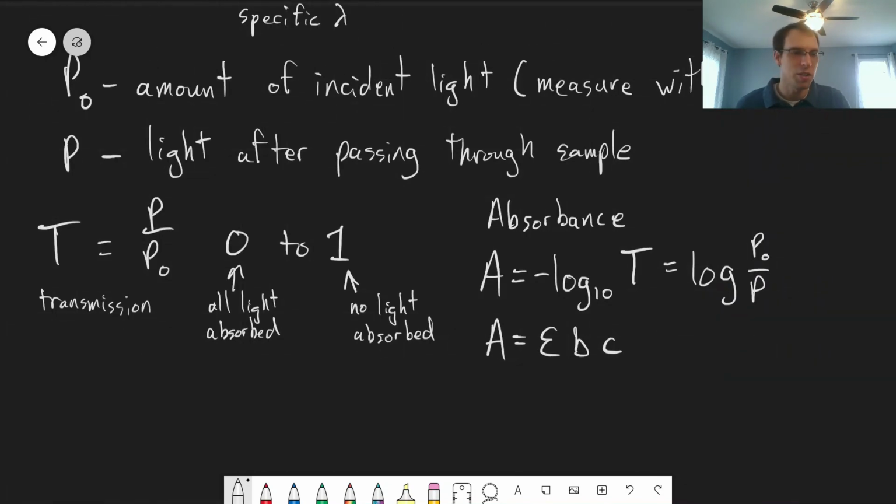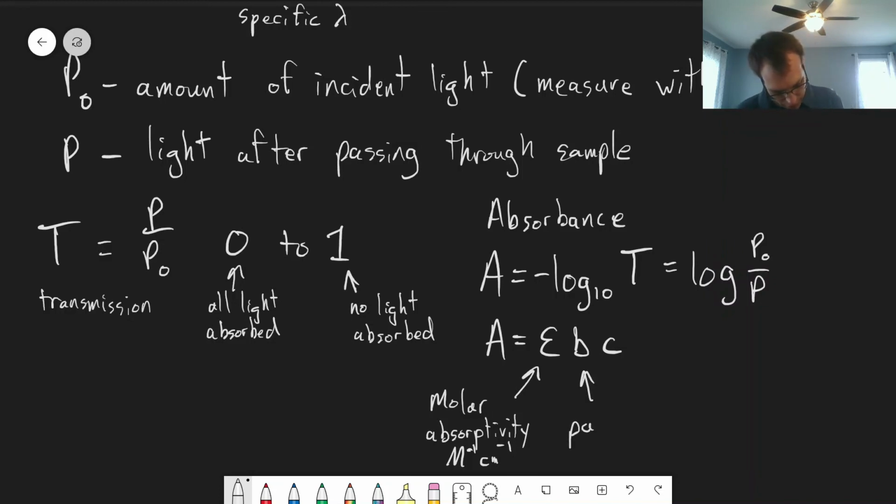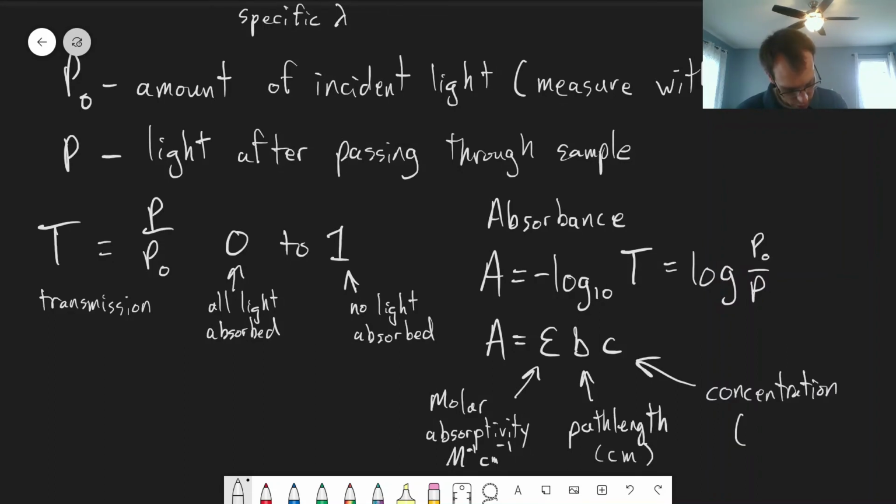And this is an equation you've seen already before in your chemistry career, but just to remind you what all these are, epsilon is molar absorptivity, and this is in units of molar to the -1, usually centimeters to the -1. b is our path length, so this is how long the light goes through our sample, and this is usually given in centimeters. And then c will be the concentration, generally in units of molarity.